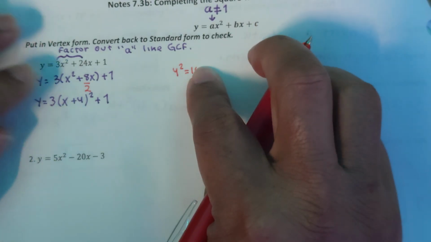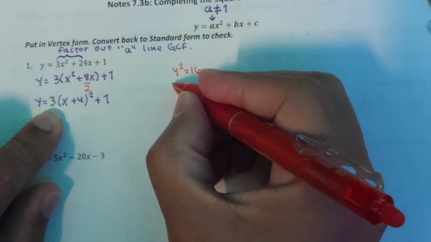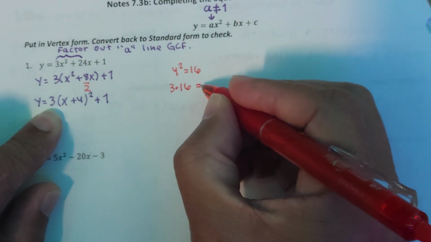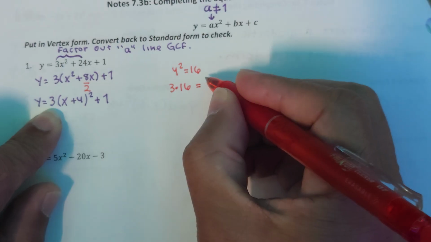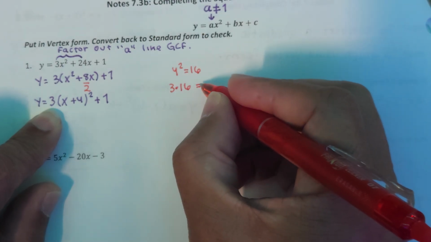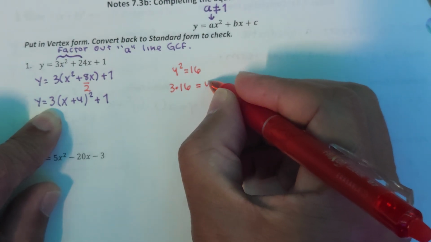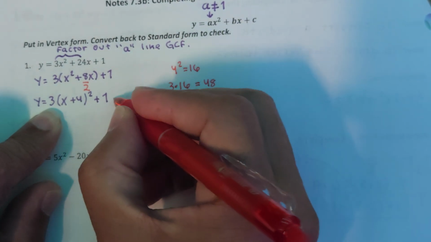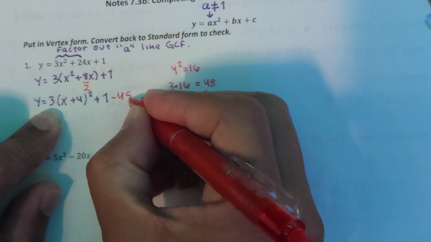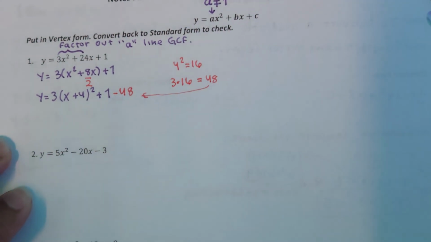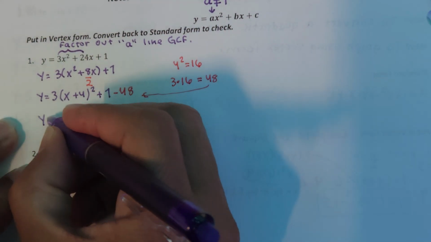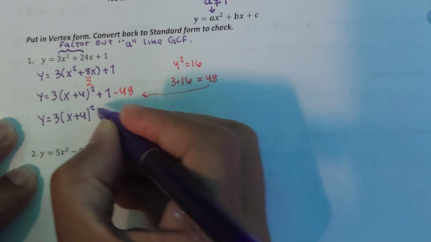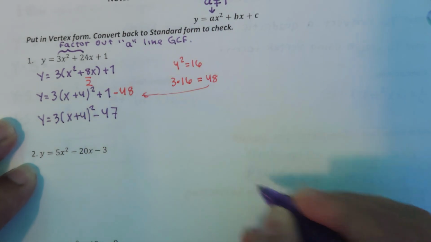Then I'm going to multiply that 16 by this 3. So 3 times 16 is equal to 48. But then this is positive, so I have to undo it over here. So then this is minus 48. So then the equation in vertex form is y equals 3 times x plus 4 squared minus 47.